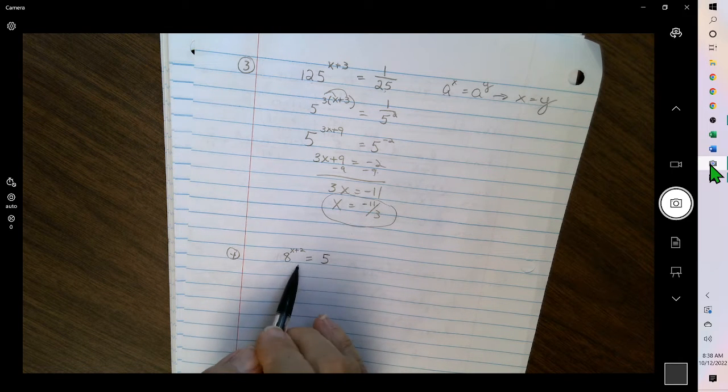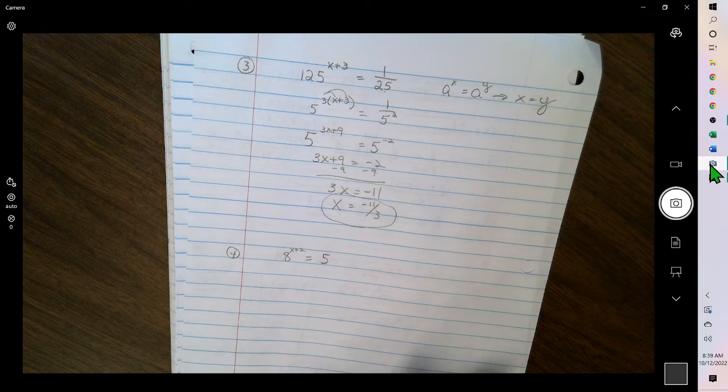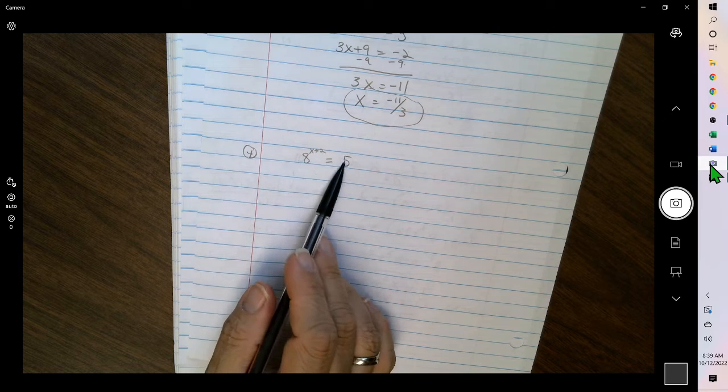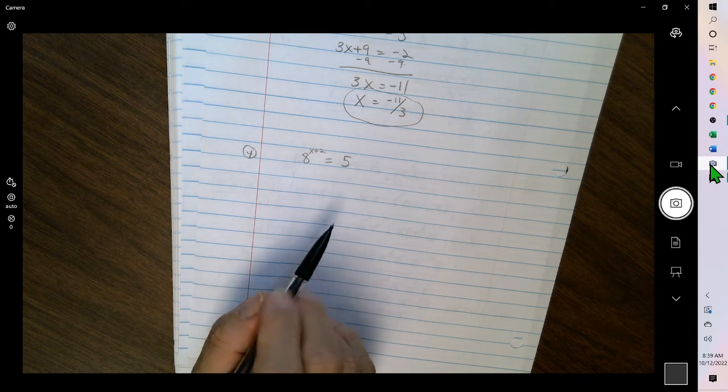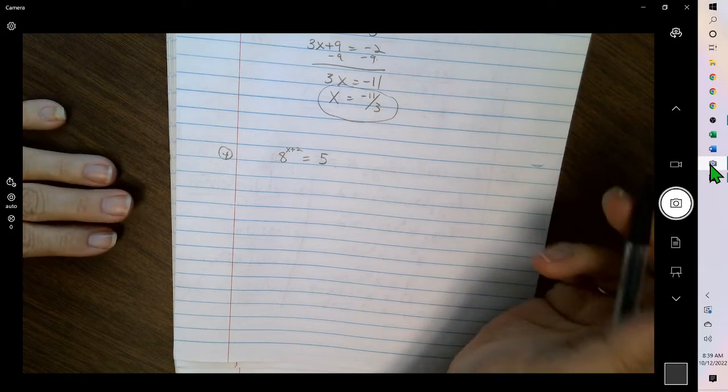Another way of solving it is the way I'm going to solve this one. This one we cannot write as the same base. When you cannot write it as the same base, you could take the natural log of both sides.